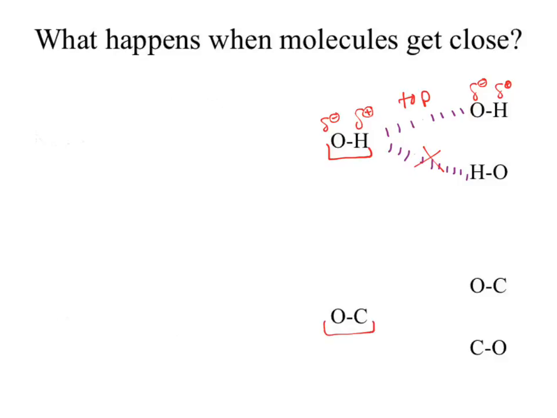How about that bottom case? Top or bottom? Oxygen being more electronegative will carry the partial negative. Our carbon being partially positive, or less electronegative, will carry the positive. And we end up with the top interaction being our preferred force again.